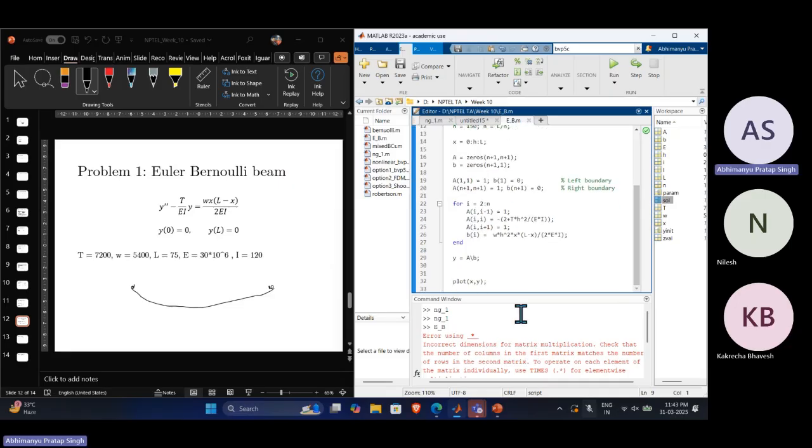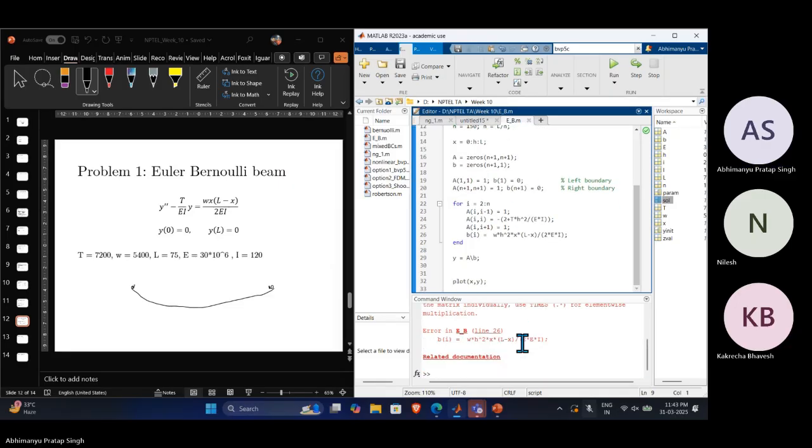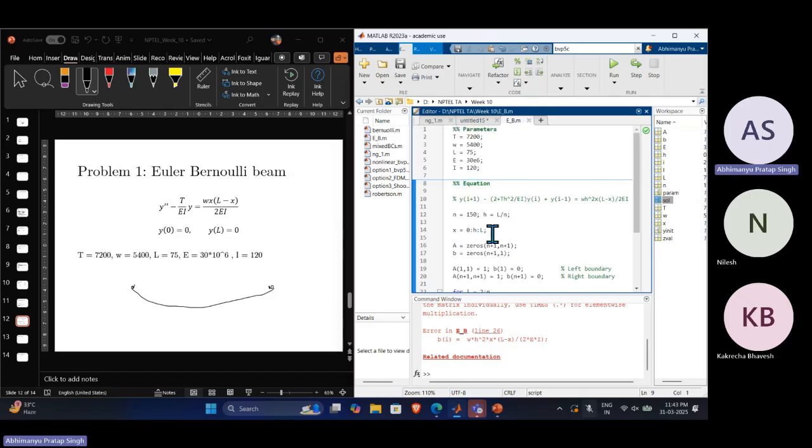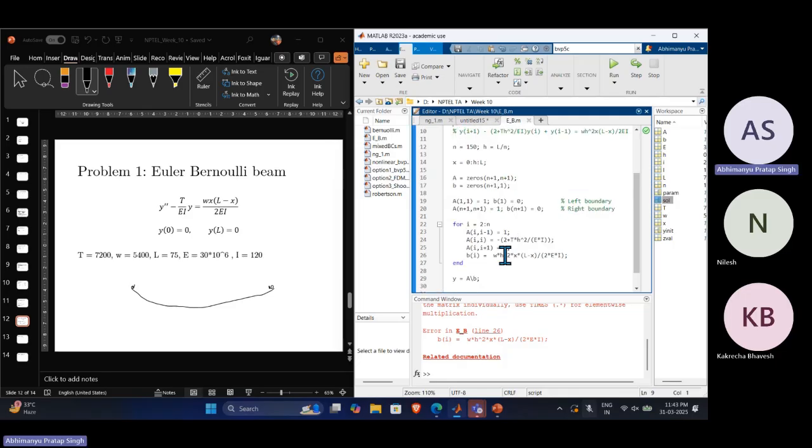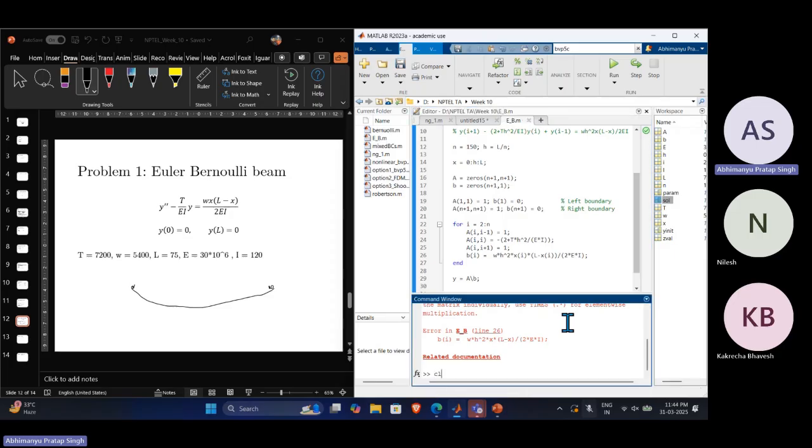Error in this. Okay. Yeah. So this is like xi only, right? We have this x is the distance of that node, a specific node. So this should also be xi. Now this should be fine.